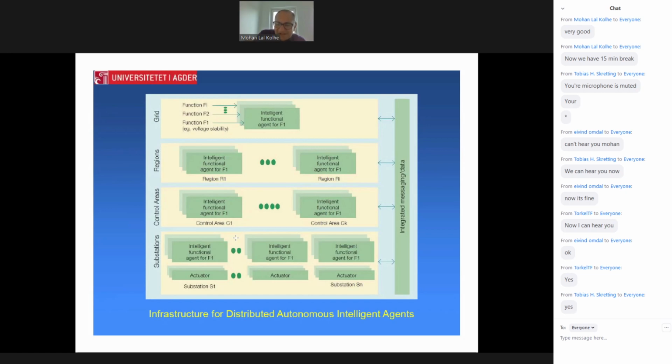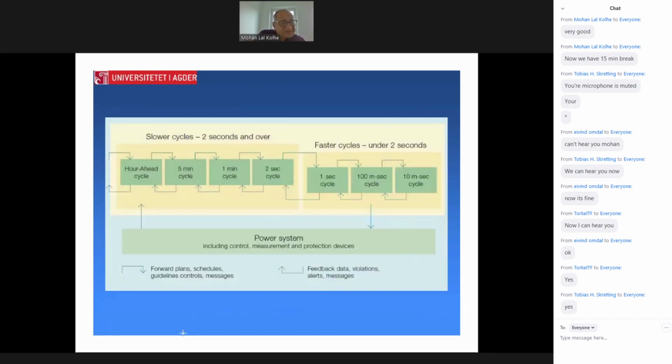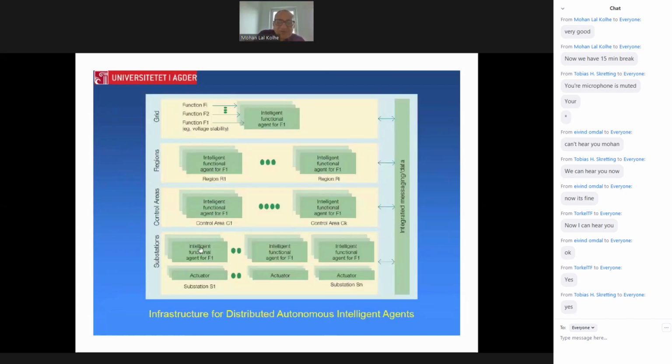That is a very important part from the learning point of view, but at the same time, being a student, you need to have an overview of the high-level information on the operation of the smart grid also. Here we talked about the intelligent systems, and then the control area, region, and the grid area.